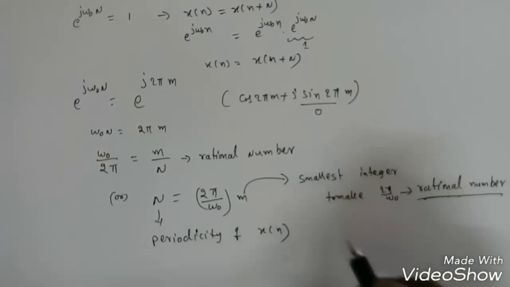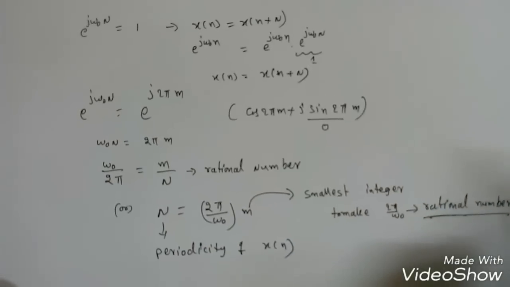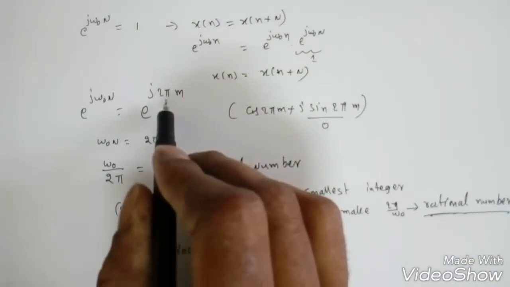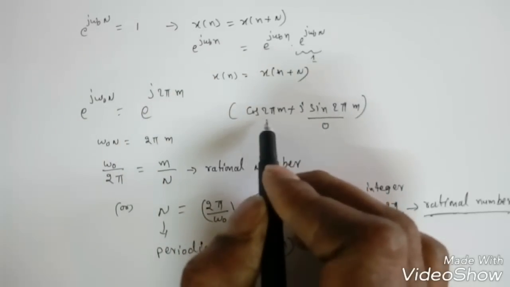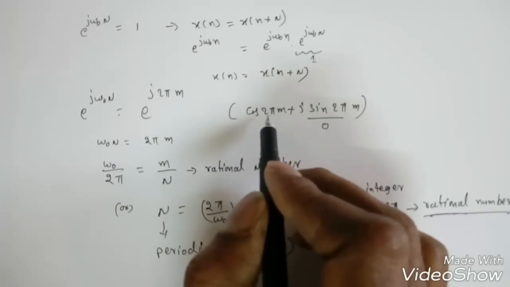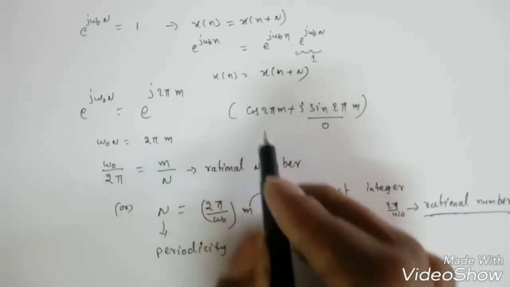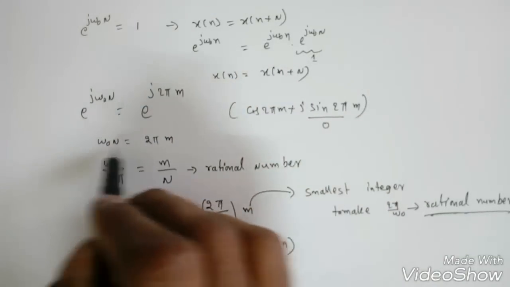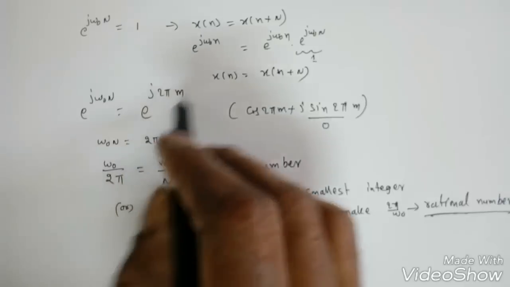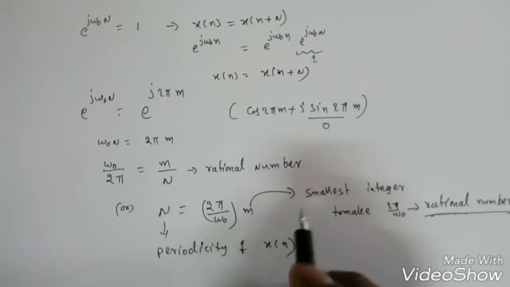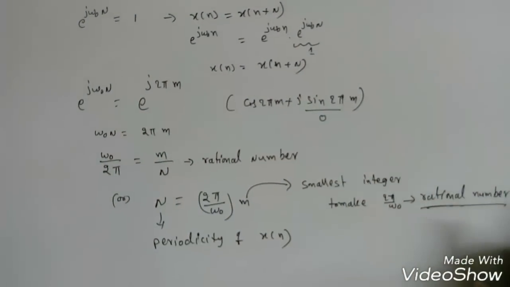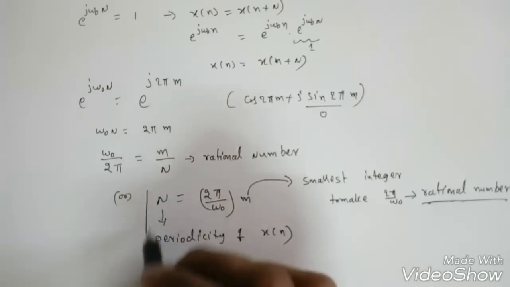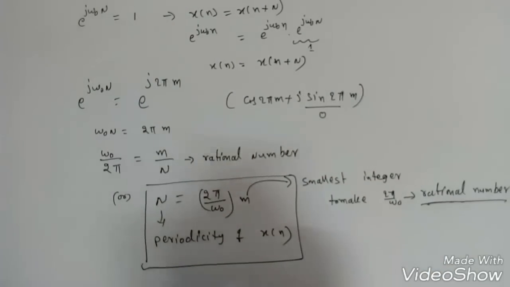So when we do a problem, that will be clear, right? So this is 2 pi m, so whenever cos 2 pi is there, it will become 1, then cos 4 pi, then cos 6 pi, etc., right? So then only if this function becomes 1, we can say x of n is periodic in nature, right? So this is about the periodicity of a complex exponential.